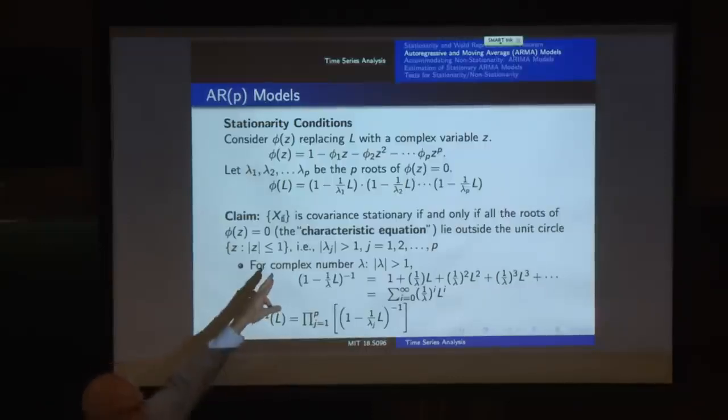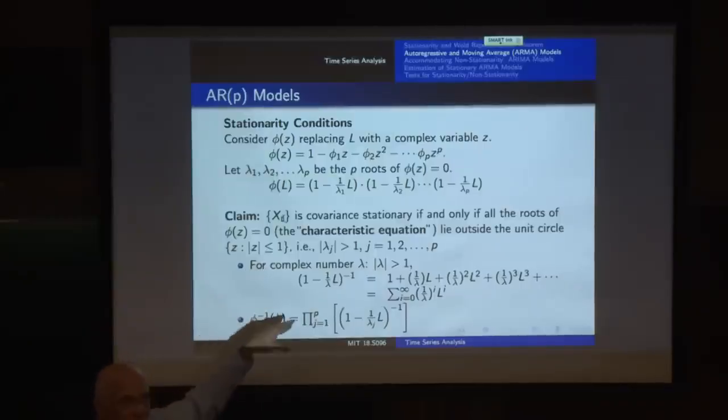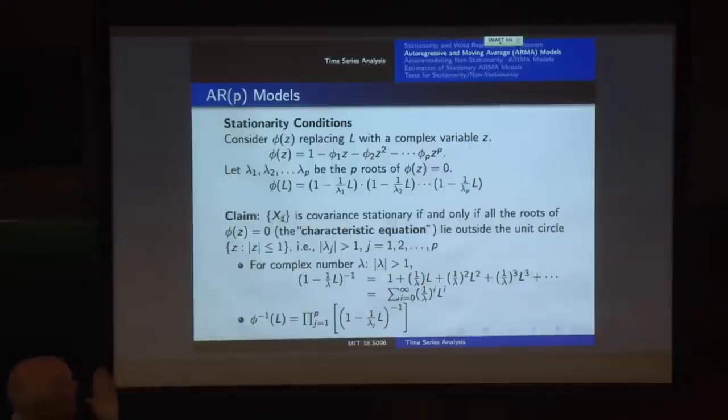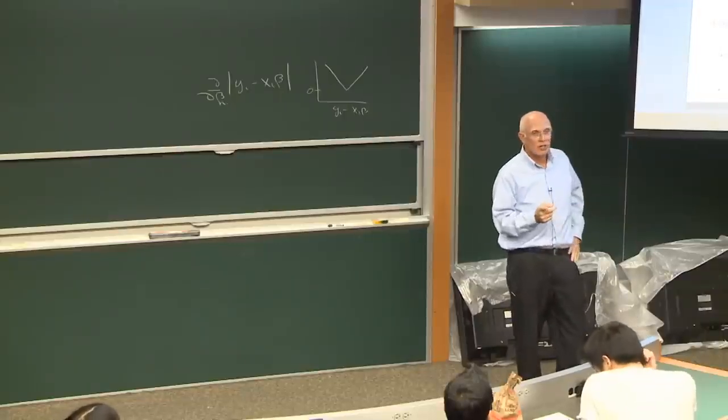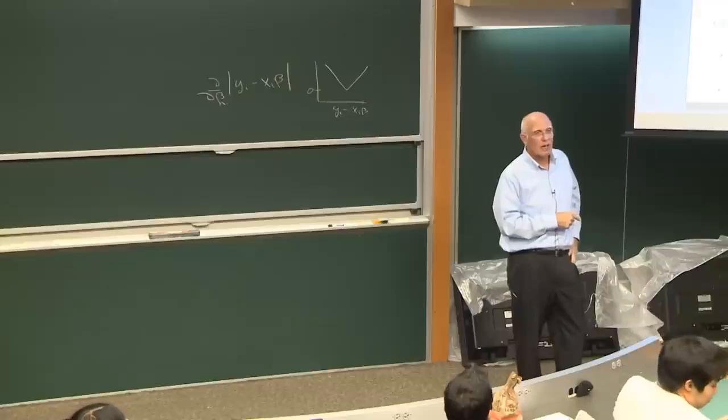And with the lag operator L to the pth power, that would be the product of negative 1 over lambda 1 times negative 1 over lambda 2, and so forth out to negative 1 over lambda p. Basically, if there are p roots to this equation, this is how it would be written out. And the process xt is covariance stationary if and only if all the roots of this characteristic equation lie outside the unit circle.